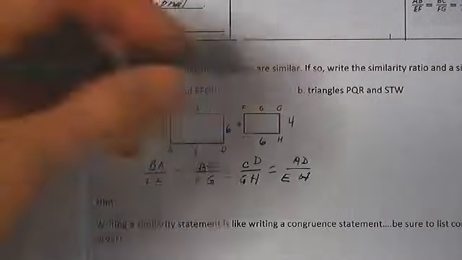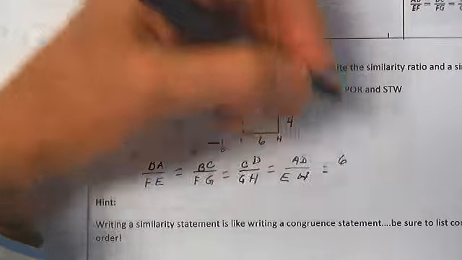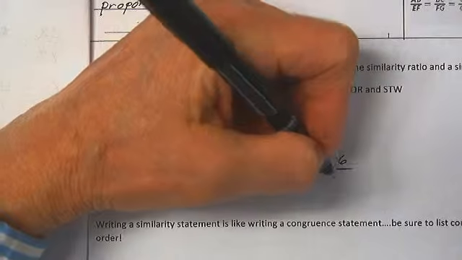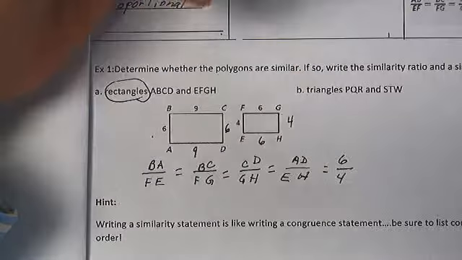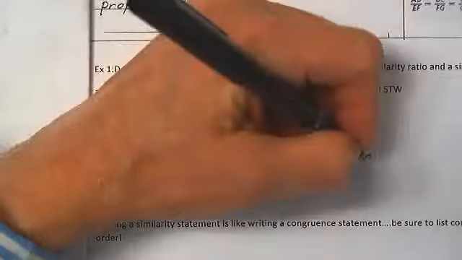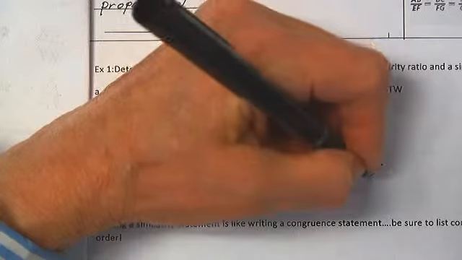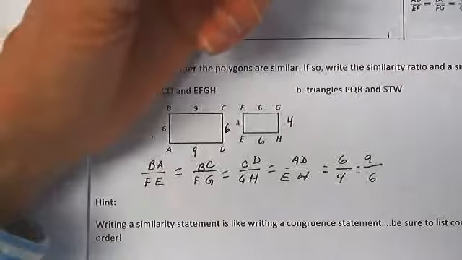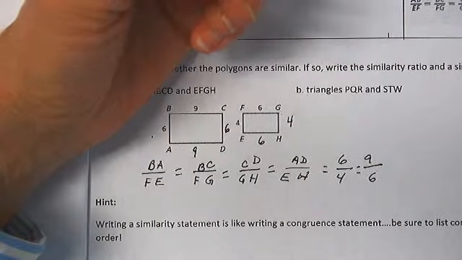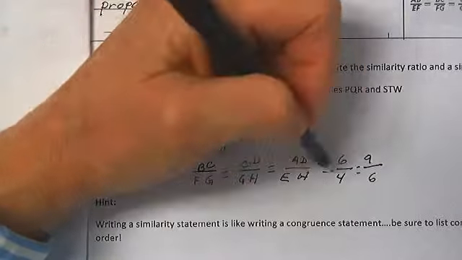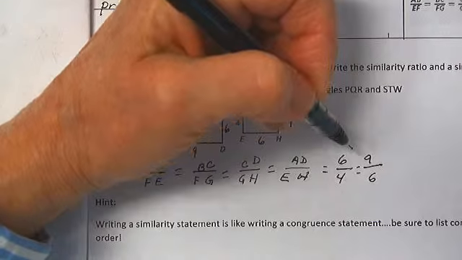So BA is 6 is to 4 as 9 is to 6. Is that true? Is this a true statement?